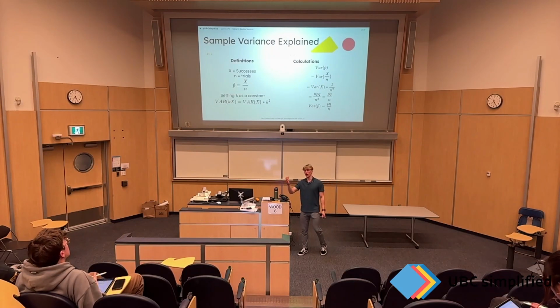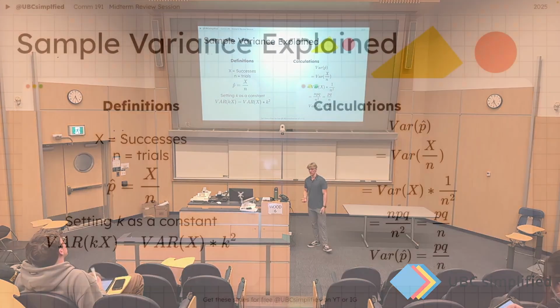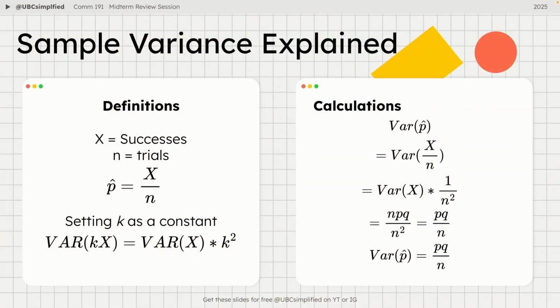So if we have an event and X is the number of successes and N is the number of trials, our P hat, which is the proportion of successes in our sample, would be X divided by N. And we also know the rule for variance: the variance of a variable times a number equals the variance of the variable times that number squared. So we're just doing some algebra.